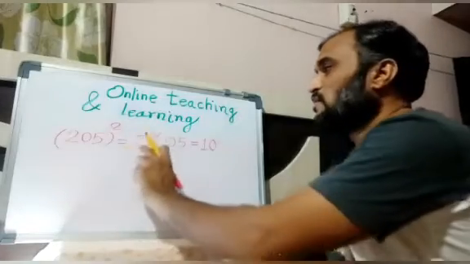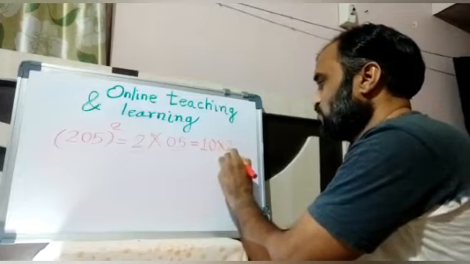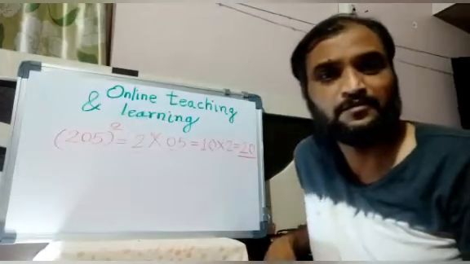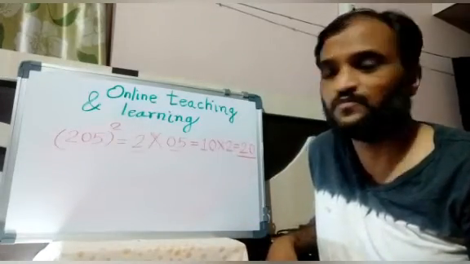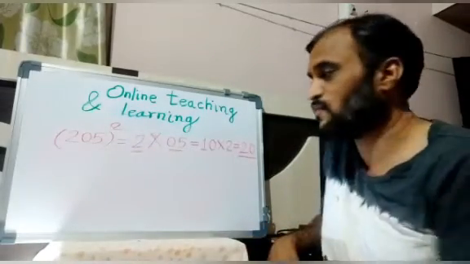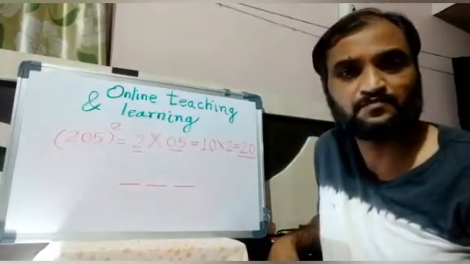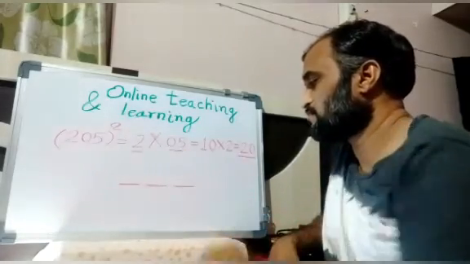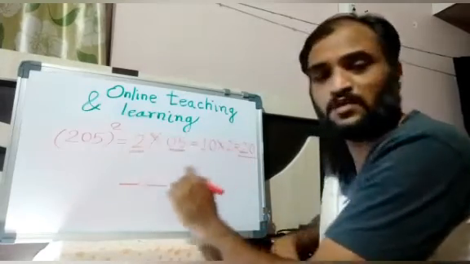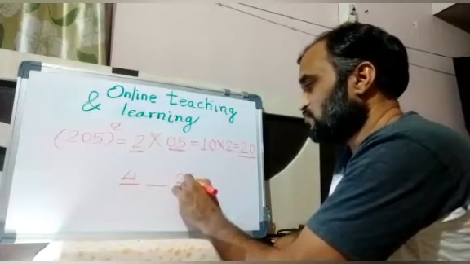Again, multiply this answer by 2 and our final multiplication is 20. Now, in the further step, we have to make the squares of these two numbers. Write three places here. In the first and last place, we have to write the square of these two numbers, that is the square of 2 is 4 and the square of 5 is 25.